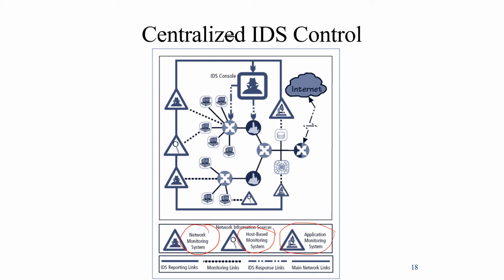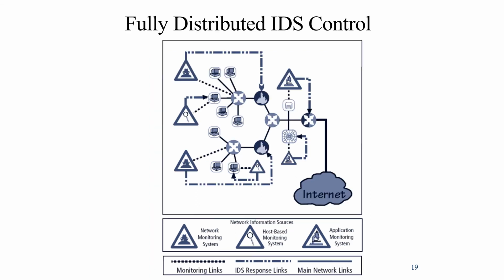So the network monitoring system is implemented here, and this is the same type. And if you observe these lines: IDS reporting links, monitoring links, IDS response links, and main network links.